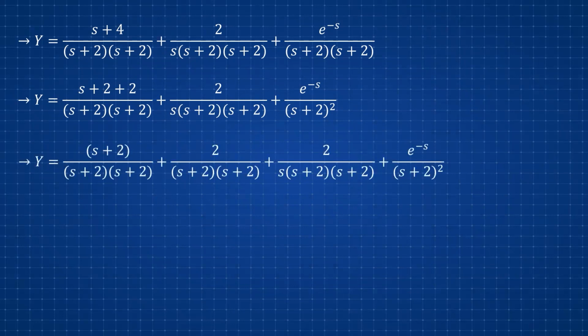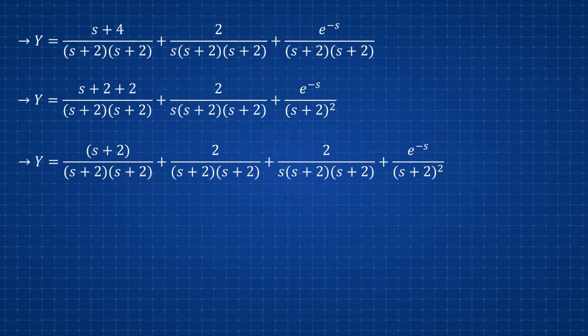So we can have s plus 2 over s plus 2, s plus 2, plus 2 over s plus 2, s plus 2, plus 2 over s times s plus 2, s plus 2, plus e to the negative s over s plus 2 squared. We could have done the same thing on some of the other fractions. I just didn't do it, but it's the same thing as s plus 2 squared, right?